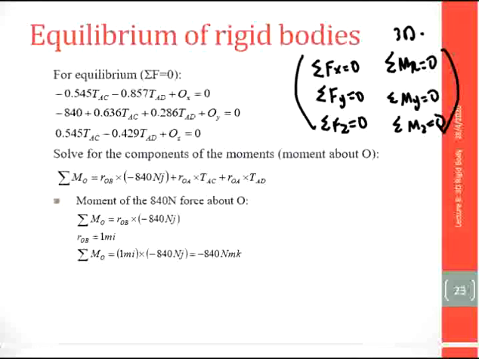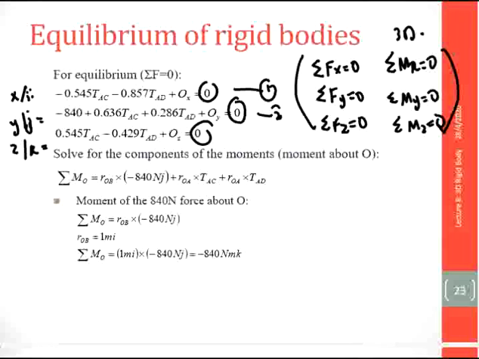For the x or i component, the equation is like this, and for y or j, it's like this. That means you add everything in the x direction, everything in the y direction, and everything in the z direction, and it is equal to 0. So you have 3 equations.